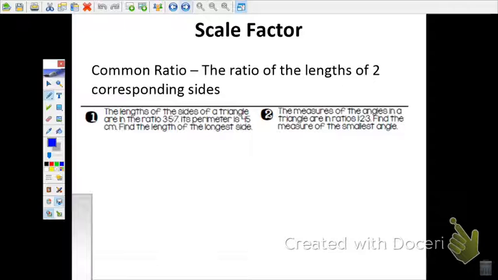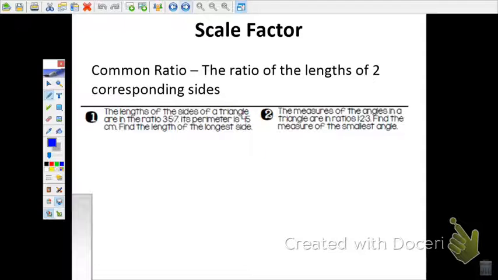So when we are looking for the scale factor of similar polygons, we are going to be looking for that common ratio, which is the ratio of the lengths of two corresponding sides.